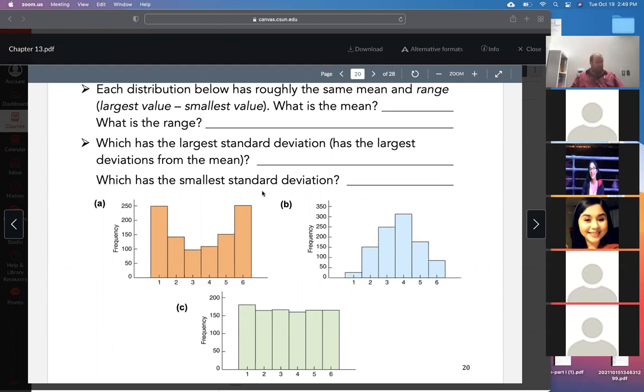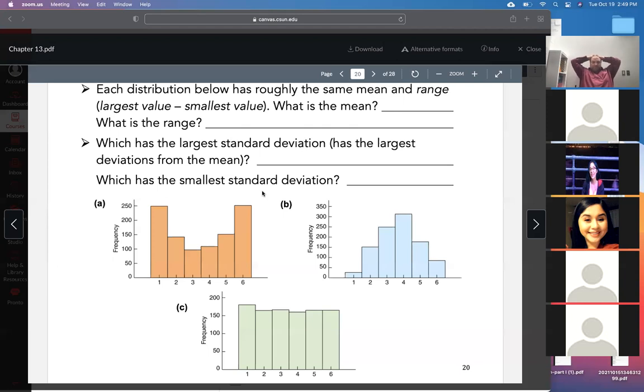Which of those three has lots and lots of data points far from the mean? A. The majority of the data points are on the far left and the far right, and relatively fewer near the mean itself. Which of them has most of its data points close to the mean and very few that are far away?